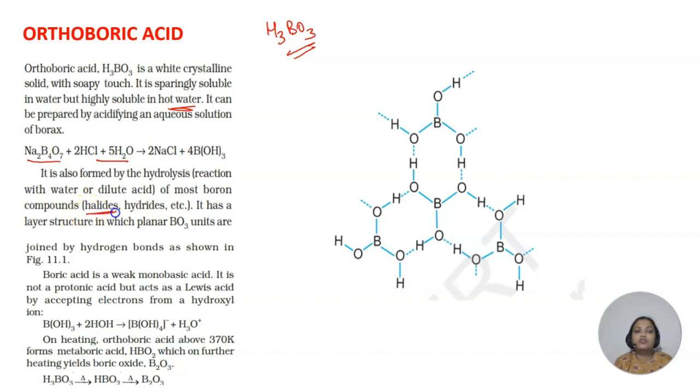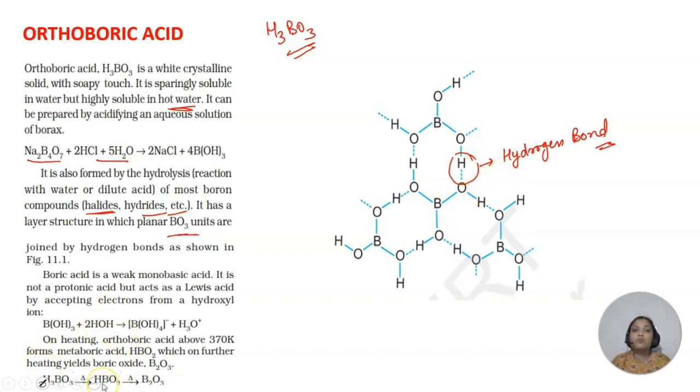It is also formed by the hydrolysis of boron halides and hydrides. You can see that BO3 units are present which are joined by hydrogen bonds. You can see the structure; these dotted lines show the hydrogen bonding.